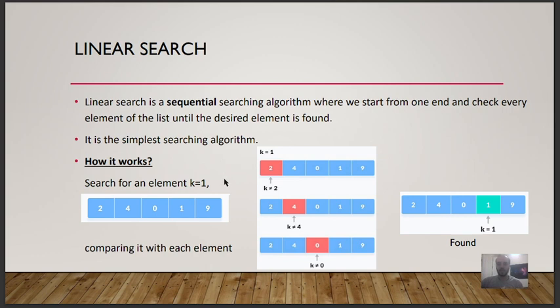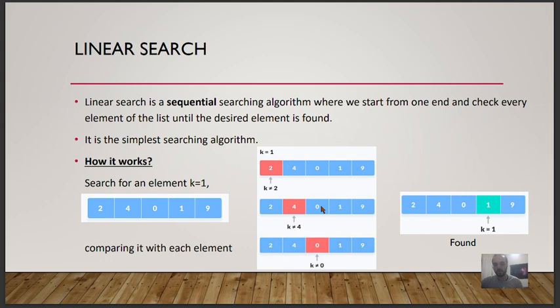Okay, so we start at index 0 and compare the value of this index with our desired value. It's not equal to 1, so we go to the next item and compare 4 with our desired value, and it's not equal.